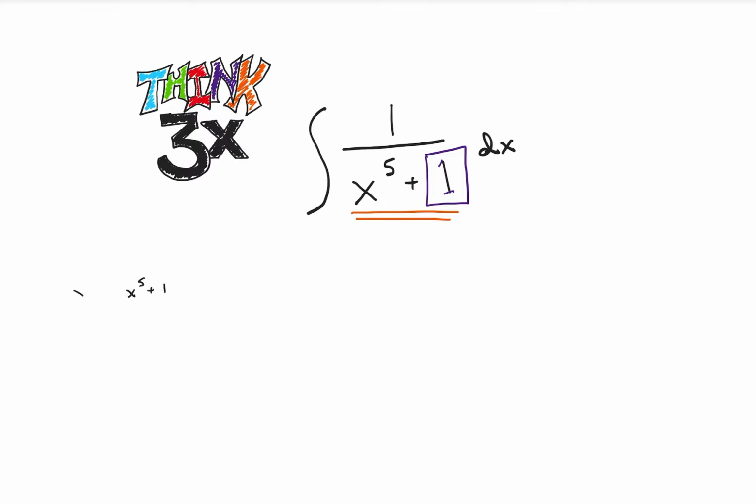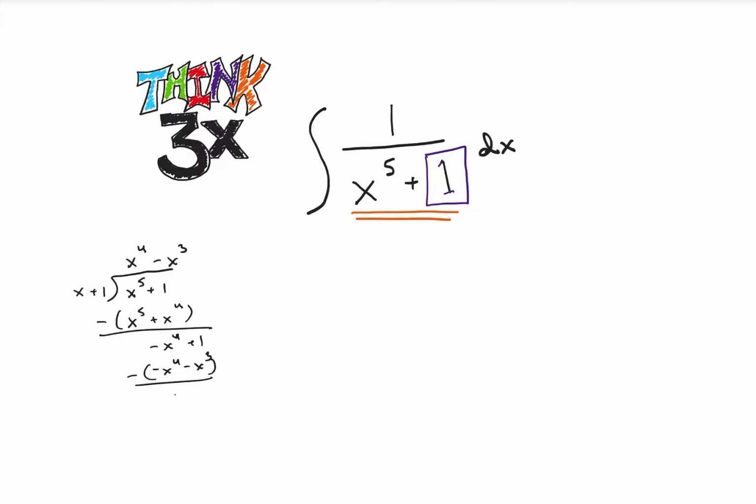And let's divide out x plus 1 from that x to the fifth plus 1. So when we do that, we take x to the fourth. That gives us x to the fifth plus x to the fourth. We subtract that. It's going to give us negative x to the fourth. And we go through, we subtract x cubed. That'll give us negative x to the fourth minus x cubed.